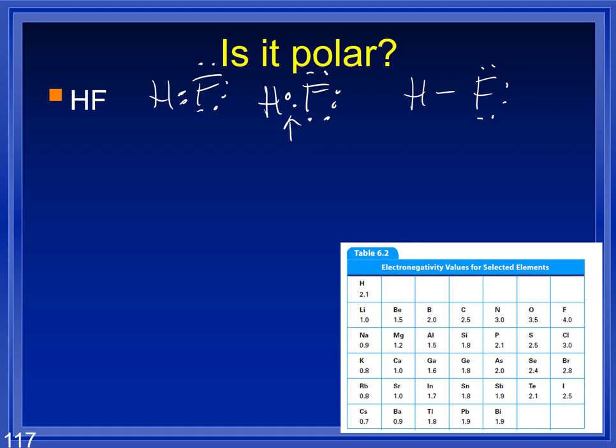Now, if H is 2.1 and F is 4.0, the difference, 4.0 minus 2.1, is 1.9. What did that tell us about it according to our table? If we look at the table, it comes out pretty close to really strong polar.